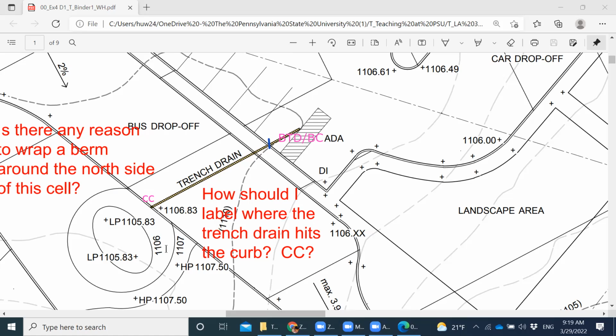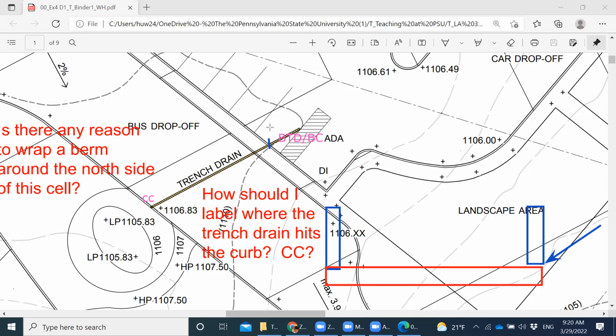This is the same elevation because it's parallel to your, because this goes in. Now, if we again draw, they are at the same elevation. Your water goes to the bottom of a curb, and then it drops down to a trench drain.